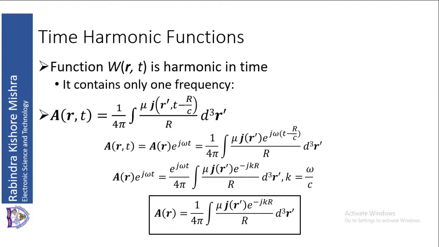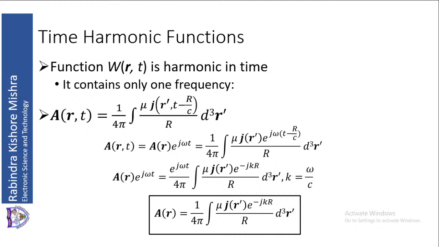And usually we represent the time dependent part of W, suppose W(t) is equal to cos(omega t plus phi), with an amplitude. Now as you know, cos theta is the real part of exponential j theta.